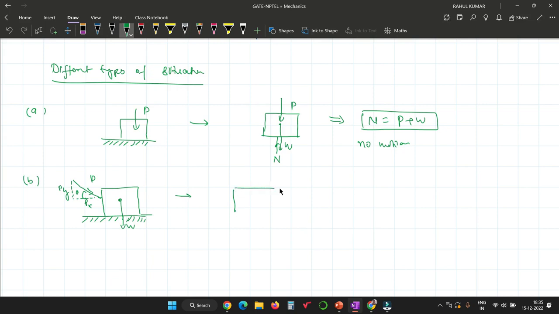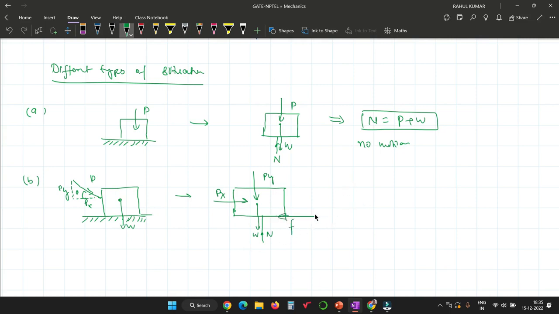If you draw the FBD, there will be Px, Py, the weight W, and a normal reaction N. Since you have applied a horizontal force Px, to oppose this horizontal external force, friction will come into the picture.